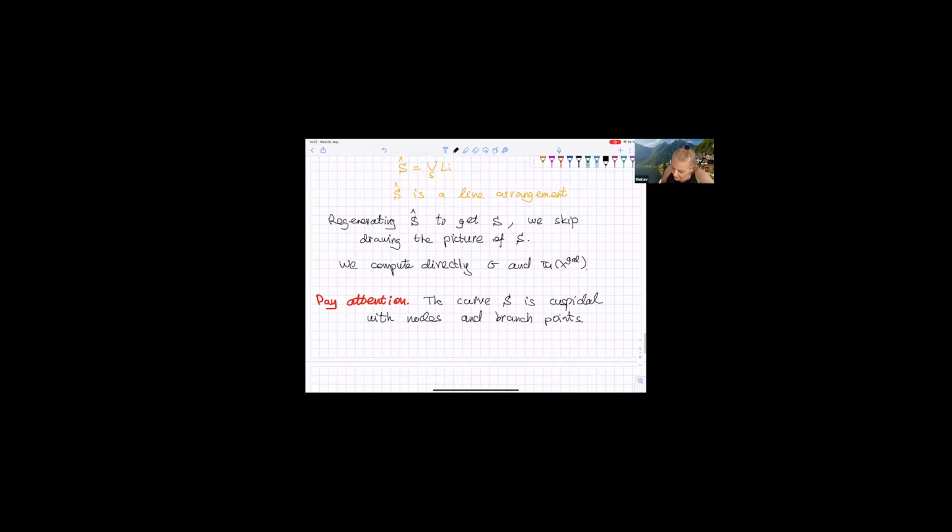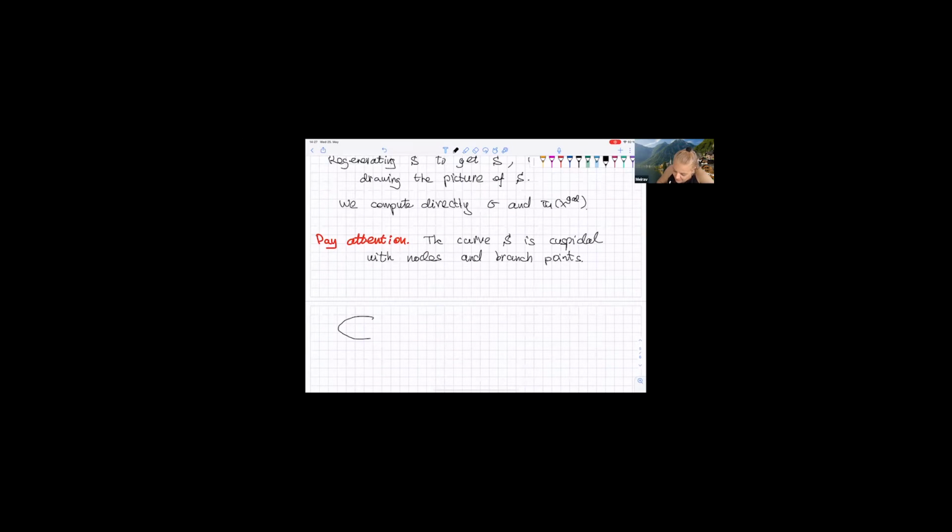So we are going to have branch points. When I say branch point, it means this point in a conic. So this is a branch point. It is locally defined by y squared equals x. This is a node. This we also allow to have a node, which is defined locally by y squared equals x squared, and by a cusp, which is locally defined by y squared equals x cubed.